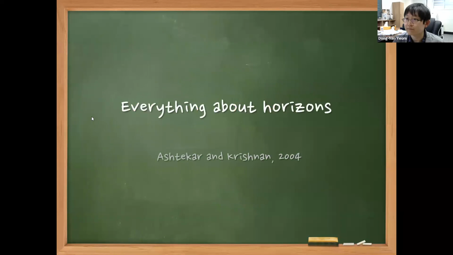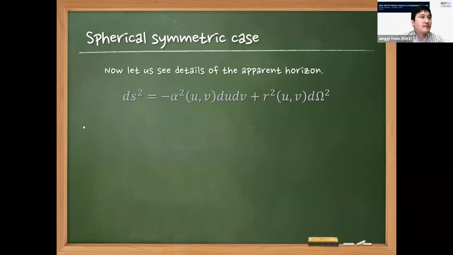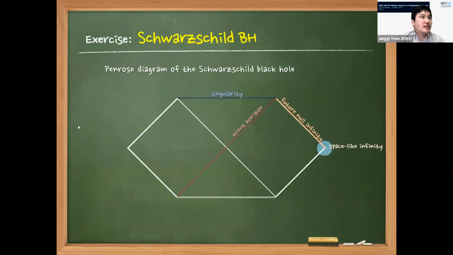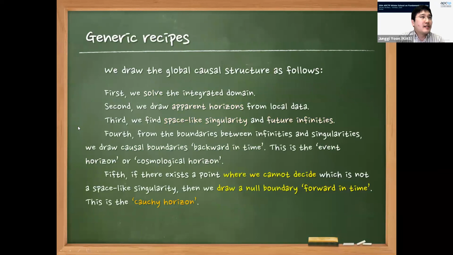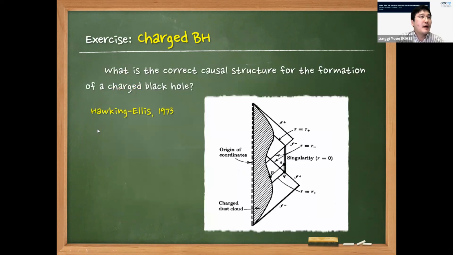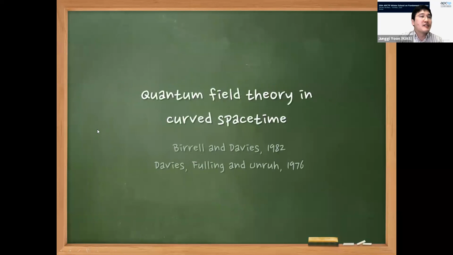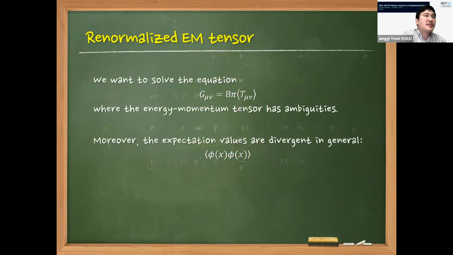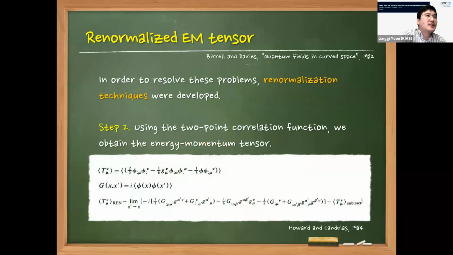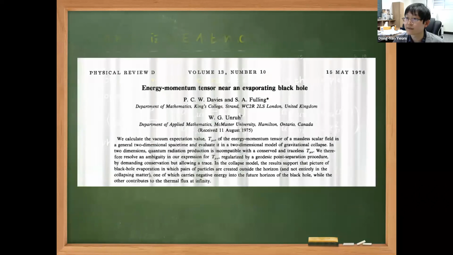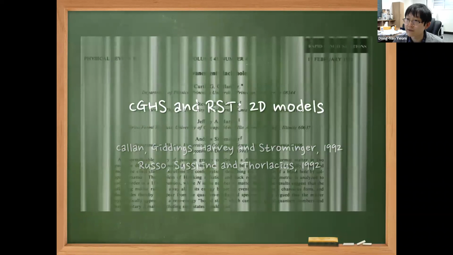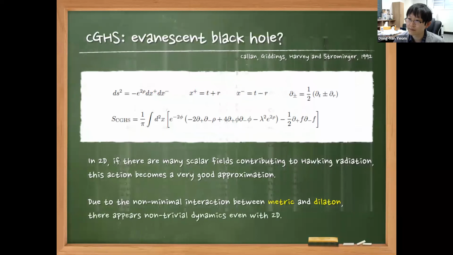Let me ask one question about the CGHS model. Is it possible to study this near singularity or singularity itself with this CGHS model? Sure. I think you can see the dynamics near the singularity, but the problem is that the CGHS model is basically general relativity plus renormalized energy momentum tensor, which includes the h-bar order.